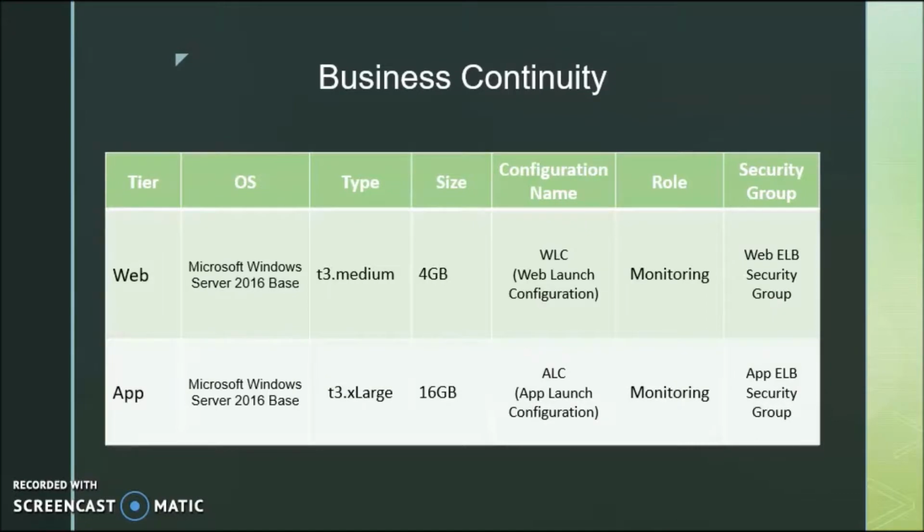The business continuity of the web and app tier will be focusing on a base operating system for the instances that are made via auto-scaling. So the configuration will be set to a T3 medium for the web tier and a T3 xlarge for the app tier. A smaller size for the web tier, while the app tier requires much more size to be used.